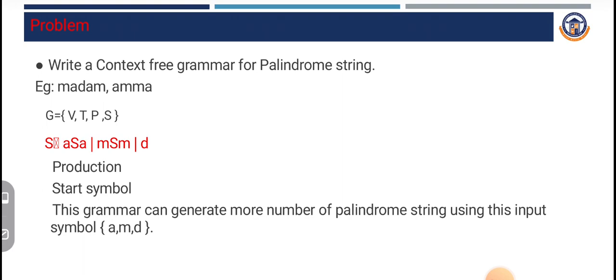If you need it, we are going to use that. So that's why we are mentioning the D. This grammar can generate madam, and also Amma. So using A, M, D as the input, we can generate many palindrome strings using that grammar.